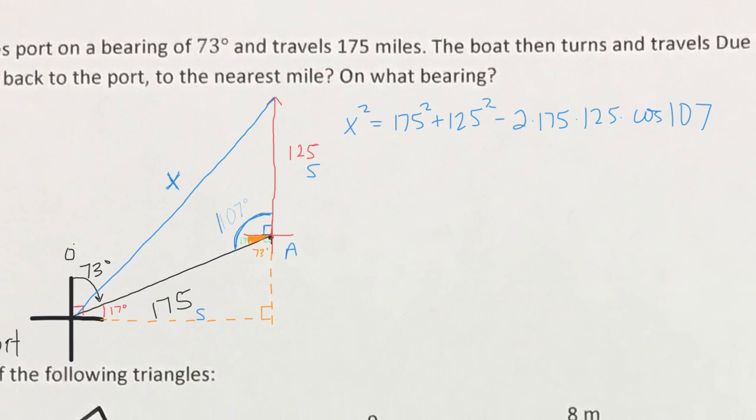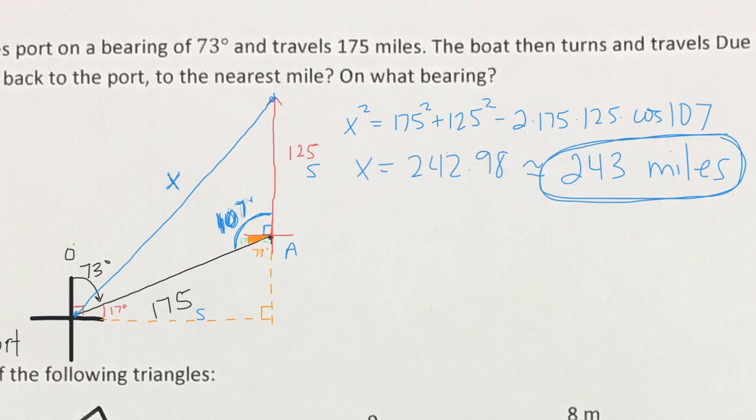Okay, so we plug all that into your calculator, right? Take the square root, and then that will tell us the distance or the mileage that they have to sail to get from their second turn back to the port. So this is what my calculator got exactly, which we're rounding up to 243.